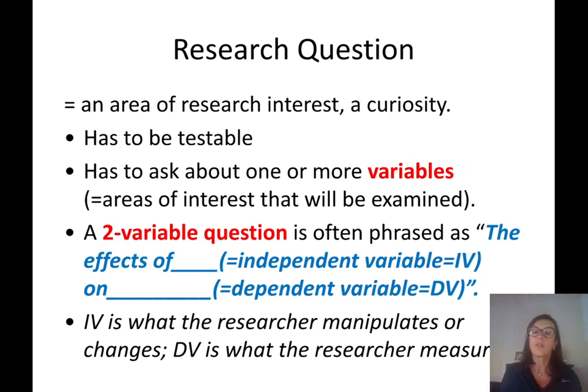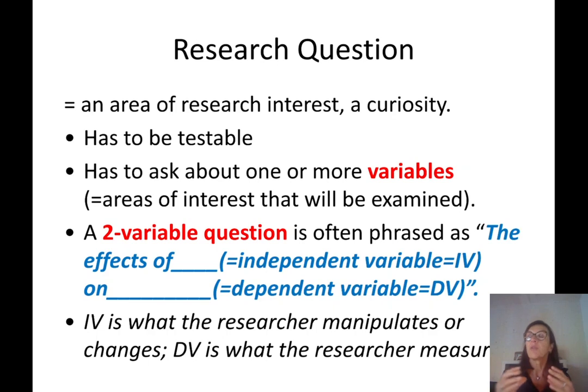So let's do this with some examples. Often in research, we ask two variable questions. This is an illustration of one, and often we can phrase these two variable research questions as the effects of something on something.